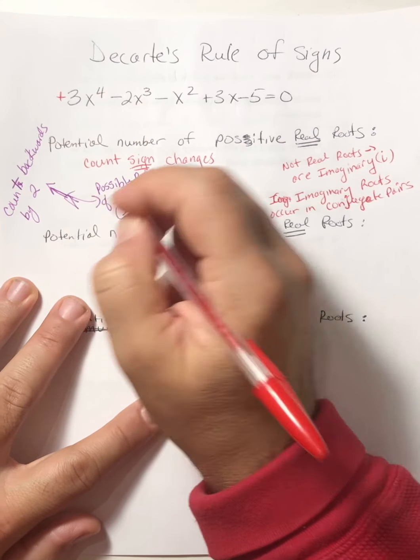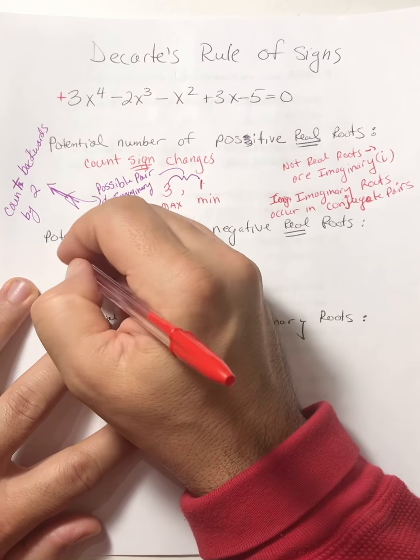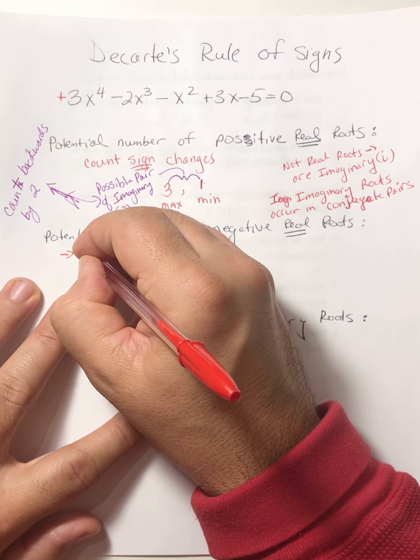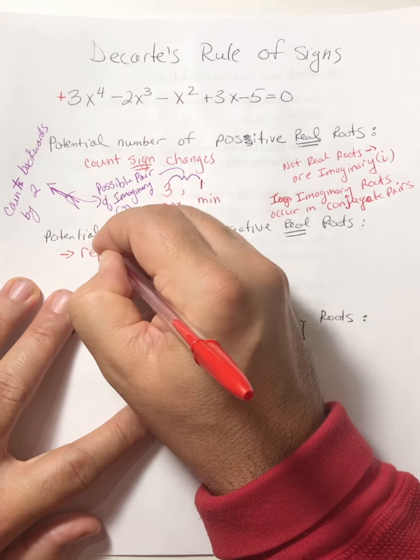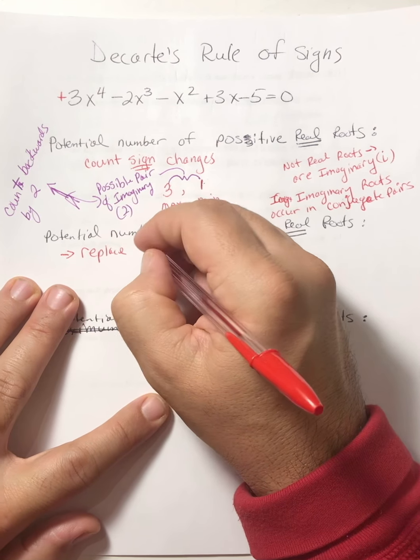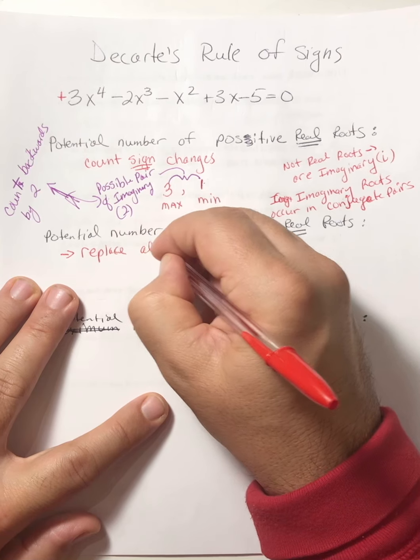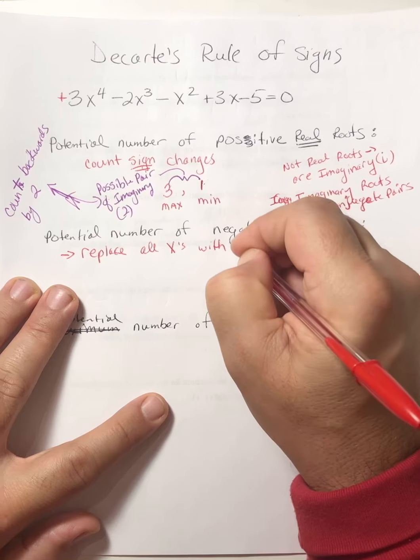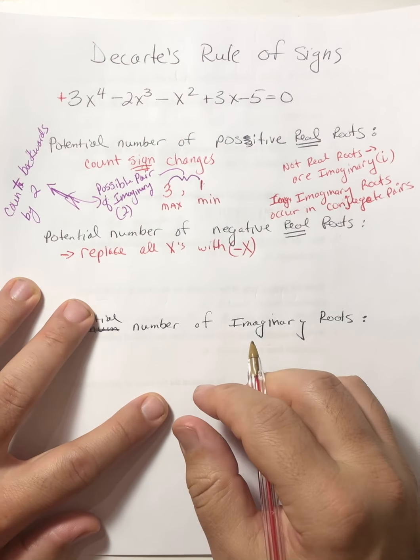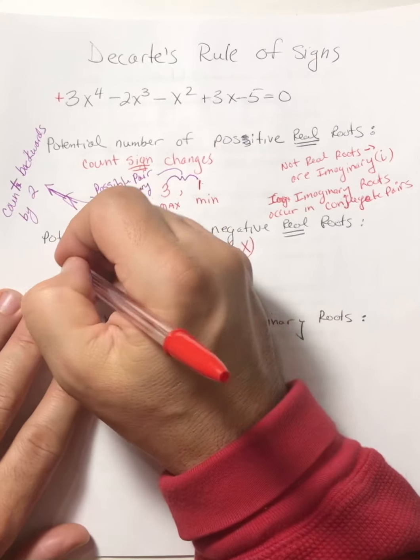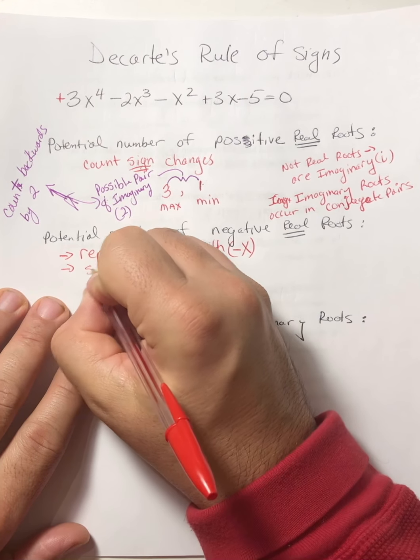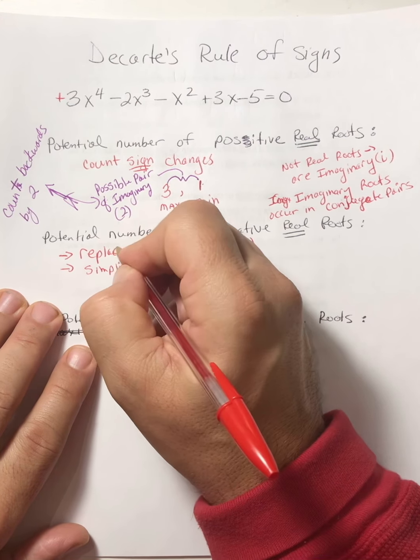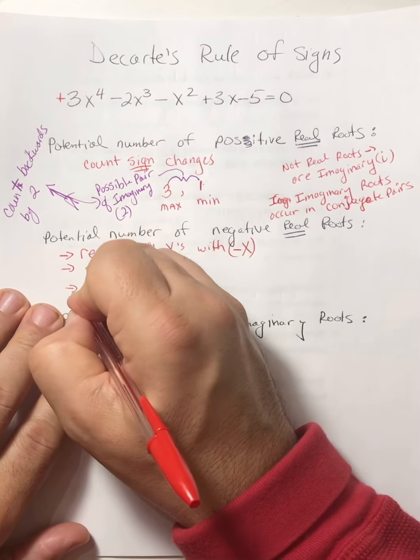So the very first thing we have to do is replace all x's with a negative x. And then we clean it up, simplify, and then we count.